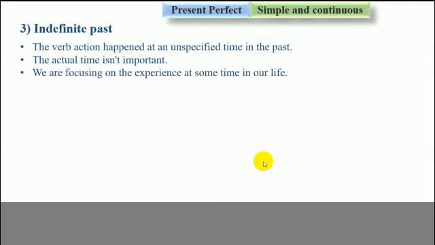So the verb action happened at an unspecified time in the past. I don't know what the time was. The actual time isn't important. I can ignore the actual time, and I need to focus on the experience at some time in our life.